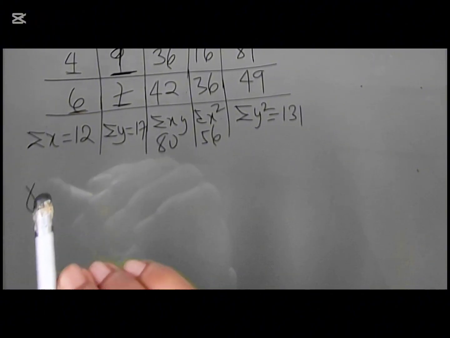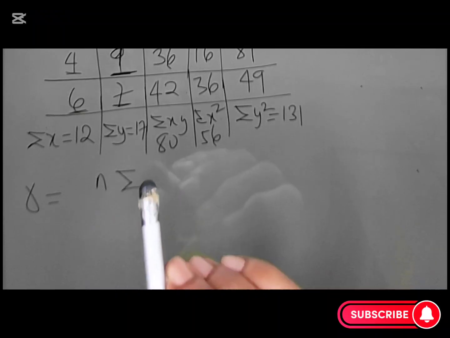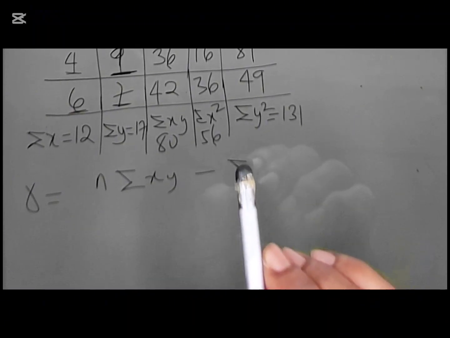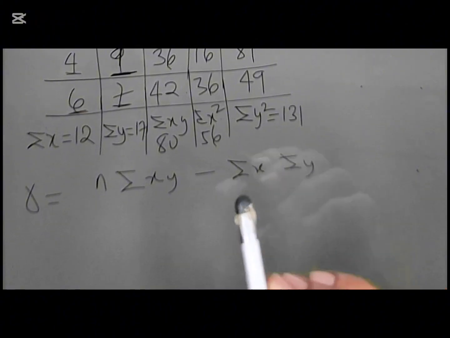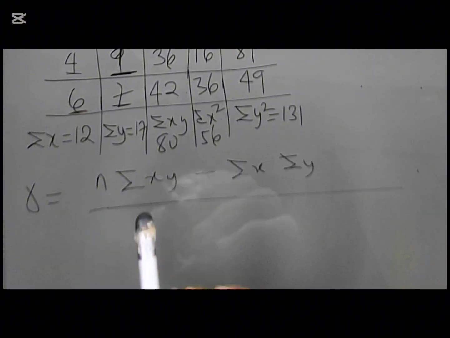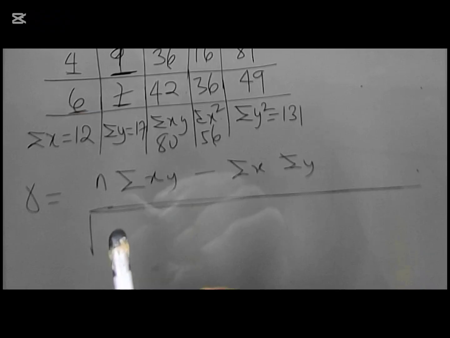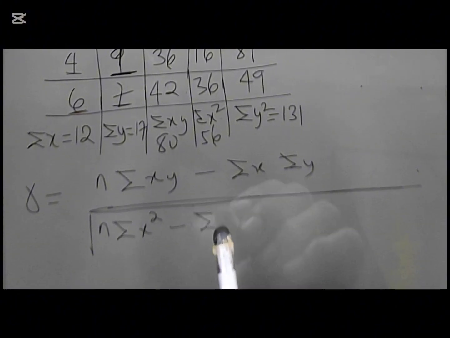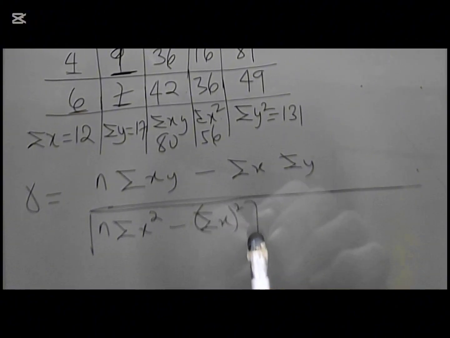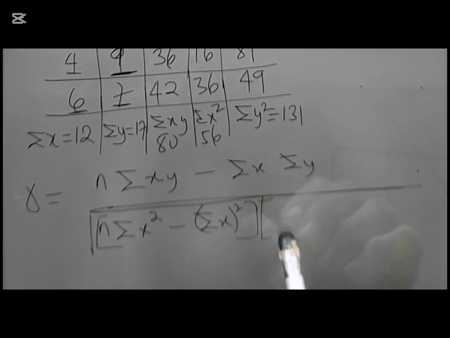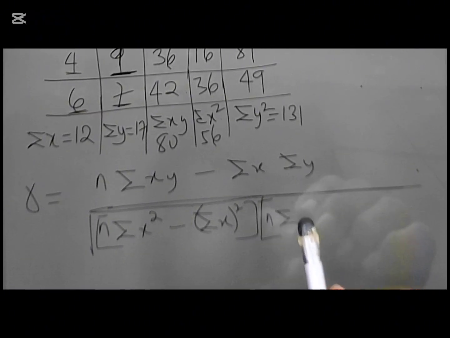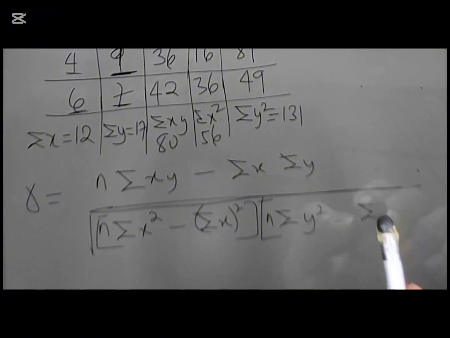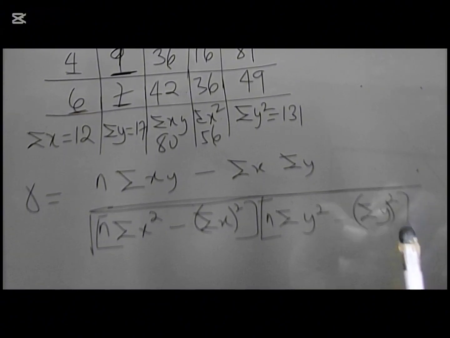That means r is equal to n sum of sy minus sum of s sum of y, over the square root of n sum of s squared minus sum of s all squared, into n sum of y squared minus sum of y all squared. Please take note.